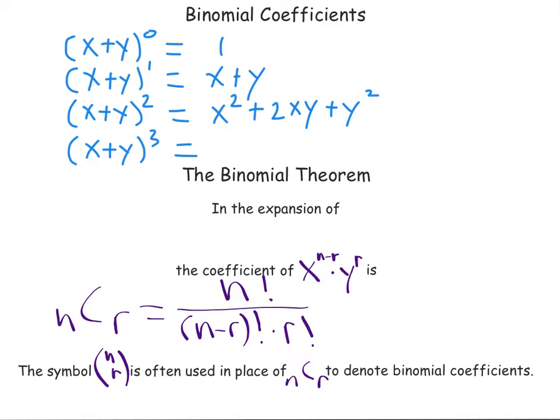Or you could go back to the line before, after we had FOILed x plus y squared, and say we need to take x squared plus 2xy plus y squared and multiply it by x plus y. It'd be a lot of distributing. It doesn't take very long because we're only at the third power. But this process of just using the distributive property gets really long, really tedious, and there's possibilities to make mistakes all over the place.